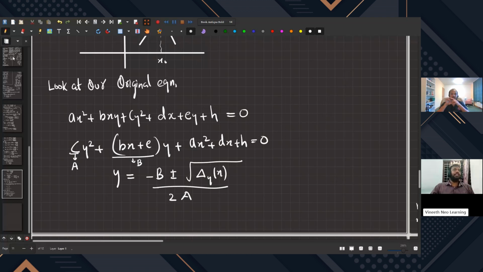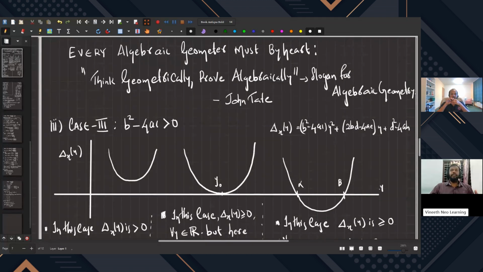But instead of delta x of y, we get delta y of x, and the point y naught will become x naught. The entire thing reverses. That has actual consequences, but we are not digging deeper into this. Maybe we'll do another series on that.